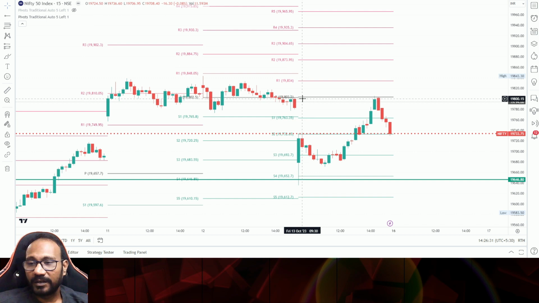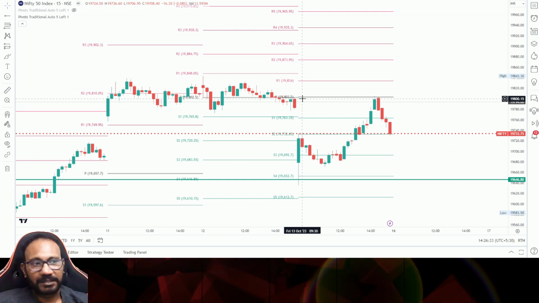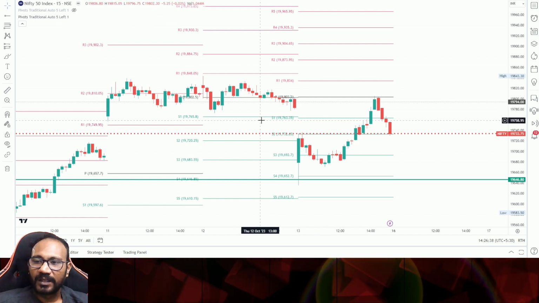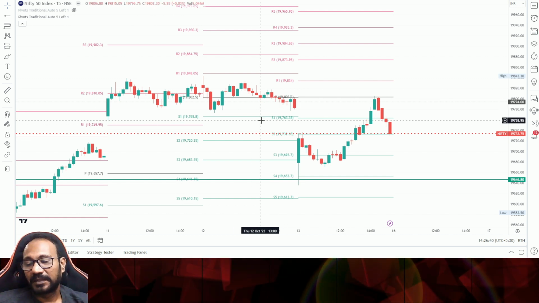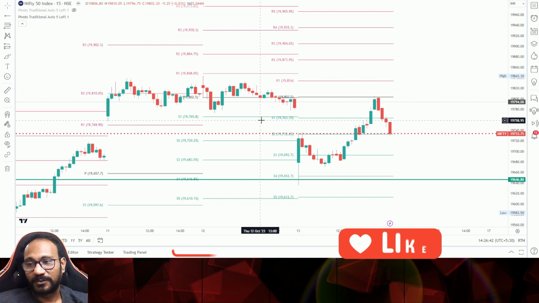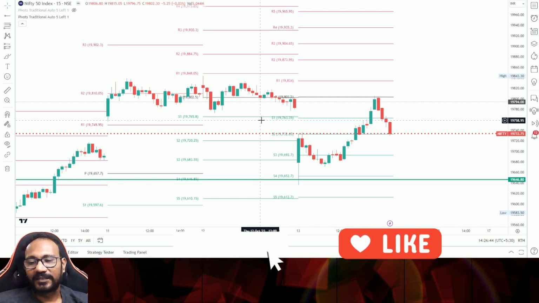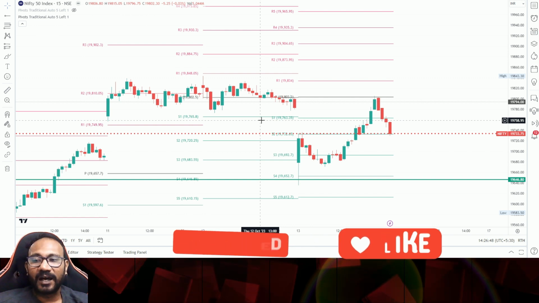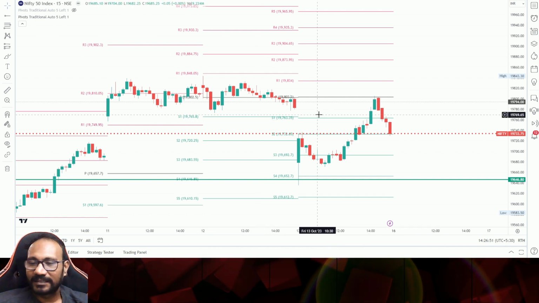If you're an intraday player or BTST player, what matters to you most is this 15 minutes time frame. If you're playing positionally, for example month-end contracts or next month-end contracts, and you want to know whether the trend is likely to continue or not, then you should be using a higher time frame to read where the pivots are.